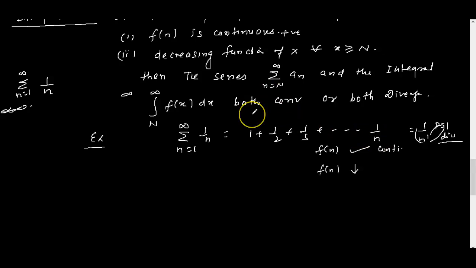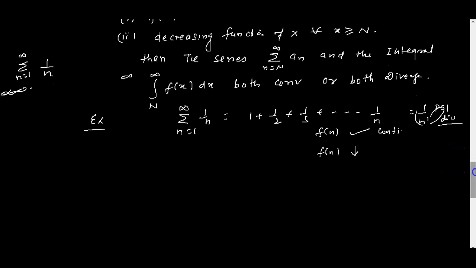Now we can apply the integral formula to check whether this series is convergent or divergent. Both conditions hold, so we can integrate with the limit given in the question, that is 1 to infinity, of 1 by x.